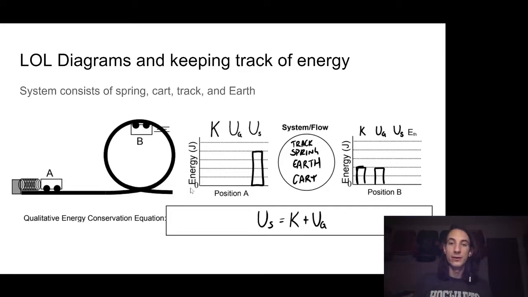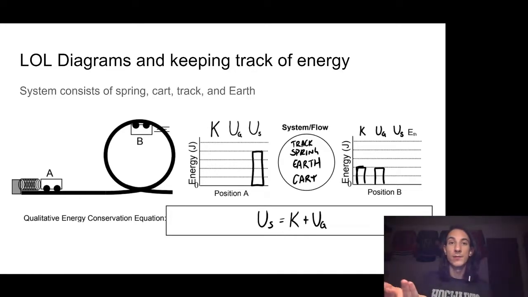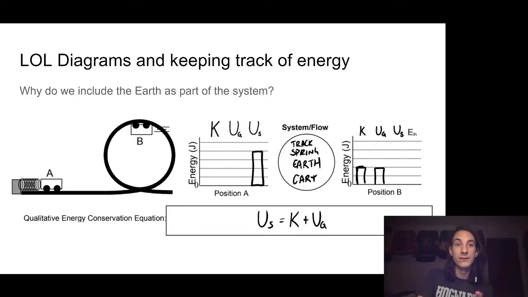So we have this transformation of energy from spring potential energy to kinetic plus gravitational potential energy. And everything that we're looking at here that could give our cart energy is in our system. So we don't have any energy flow outside the system. So we have this idea that the spring potential goes to kinetic and gravitational. And then we can use our mathematical equations to solve if we're given numbers.